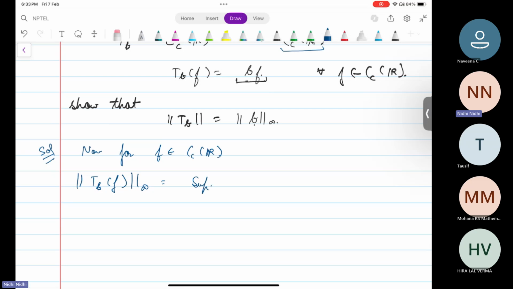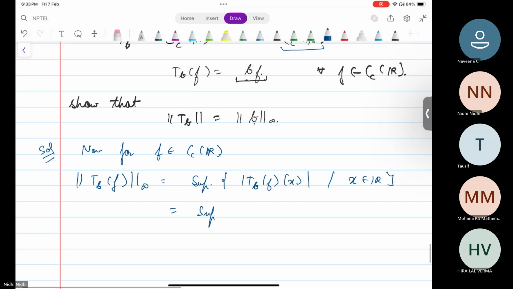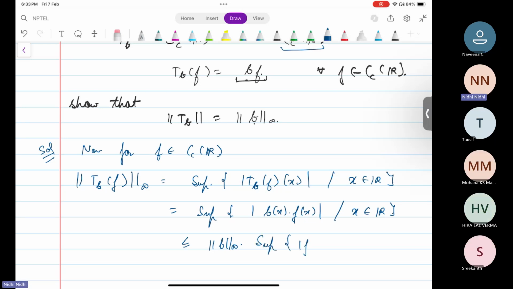This is equal to the supremum of modulus of B(x) f(x) over every x in R. This is obviously less than or equal to the supremum norm of B times the supremum norm of f, because obviously modulus B(x) is less than or equal to the supremum norm.